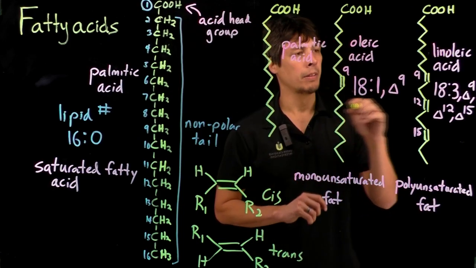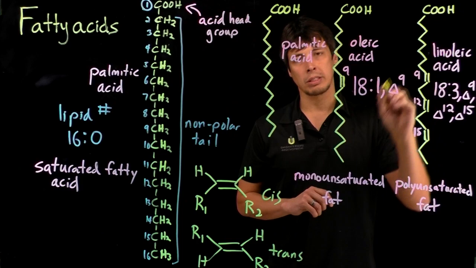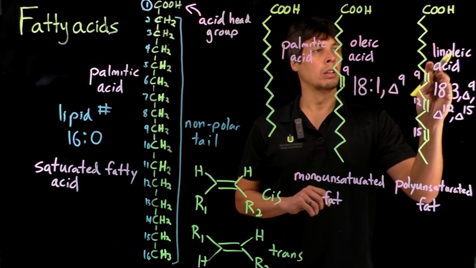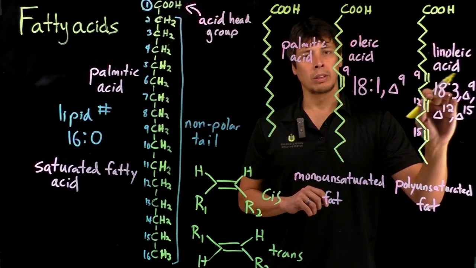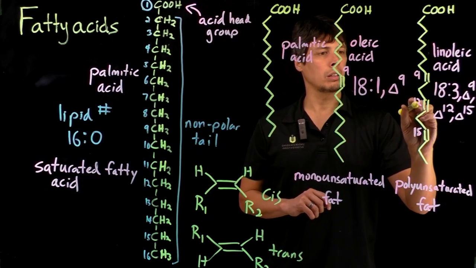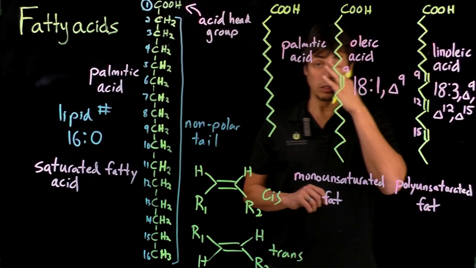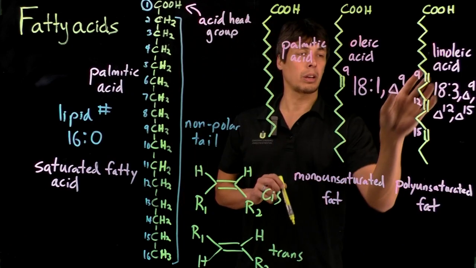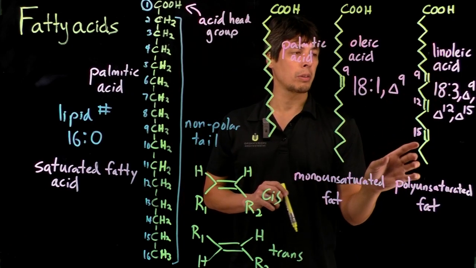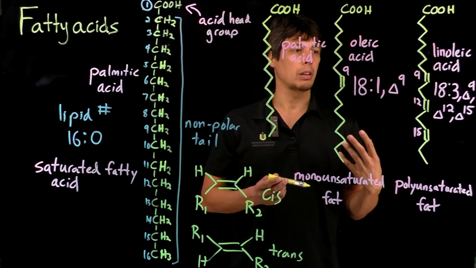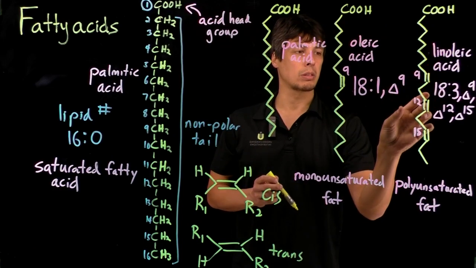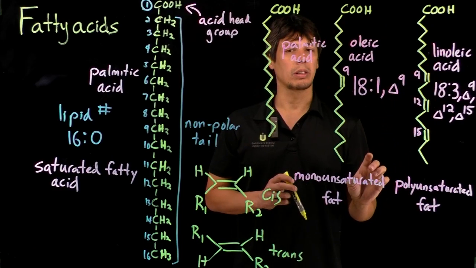Another one is that the unsaturations tend to be 3 carbons apart. Notice for linoleic acid, the unsaturations are at delta 9, delta 12, and delta 15. So these double bonds tend to occur 3 carbons apart. Now that's not a hard rule, but this is the trend that you tend to see.